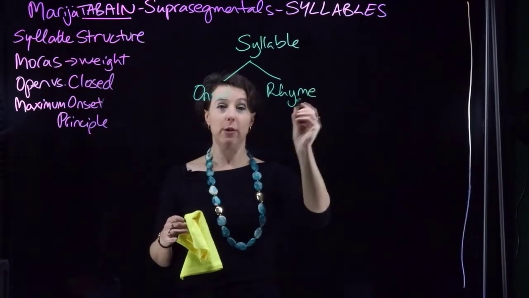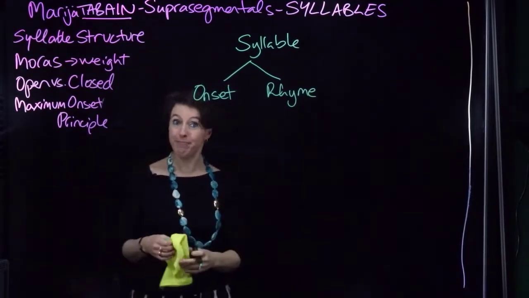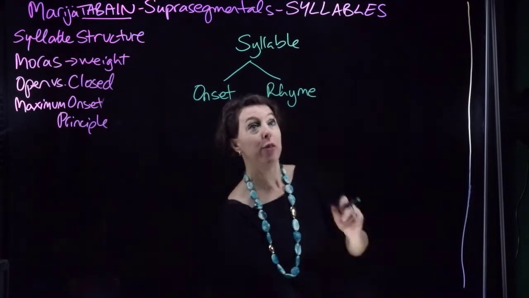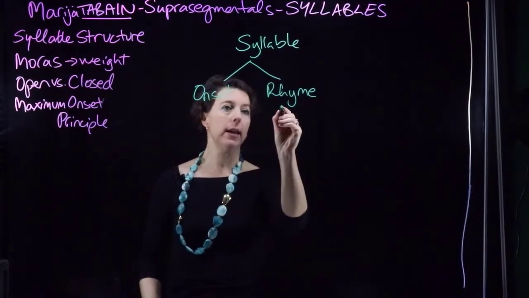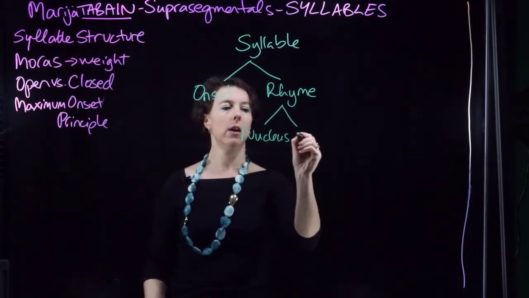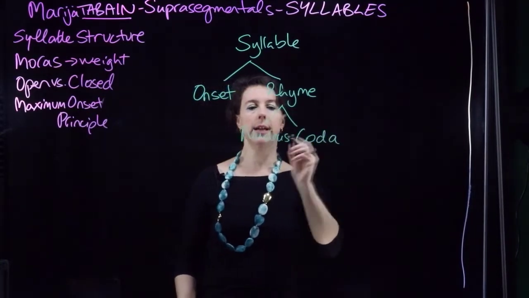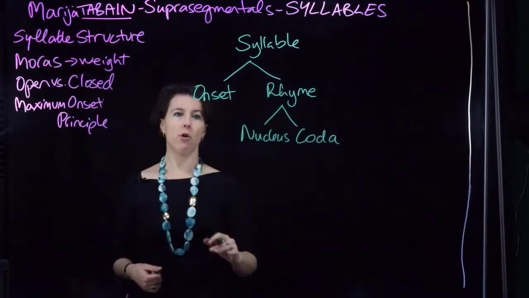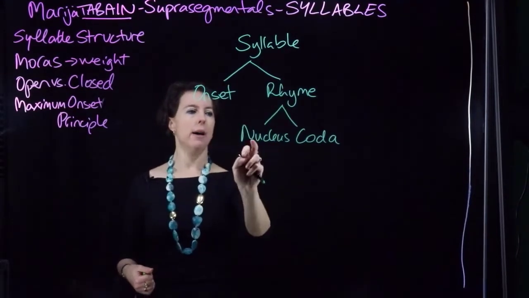And that is quite literally rhyme, as you know, rhyming from primary school. The rhyme, however, is broken up further into a nucleus and a coda. For now I've written those out in full, but later on I might just write S O R N C.